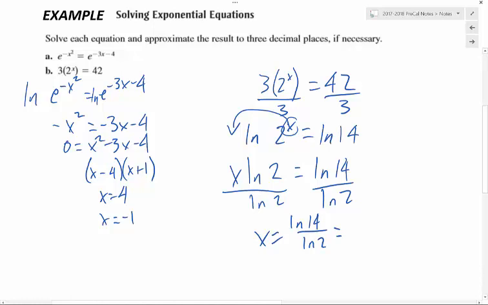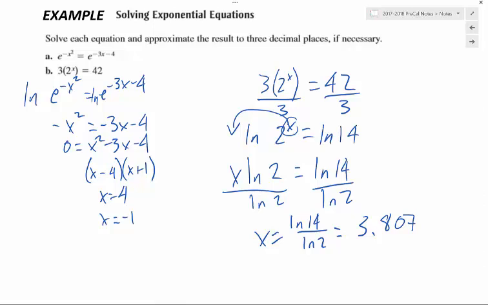I'll take natural log of 14, and I will divide it by natural log of 2, and I get 3.807.